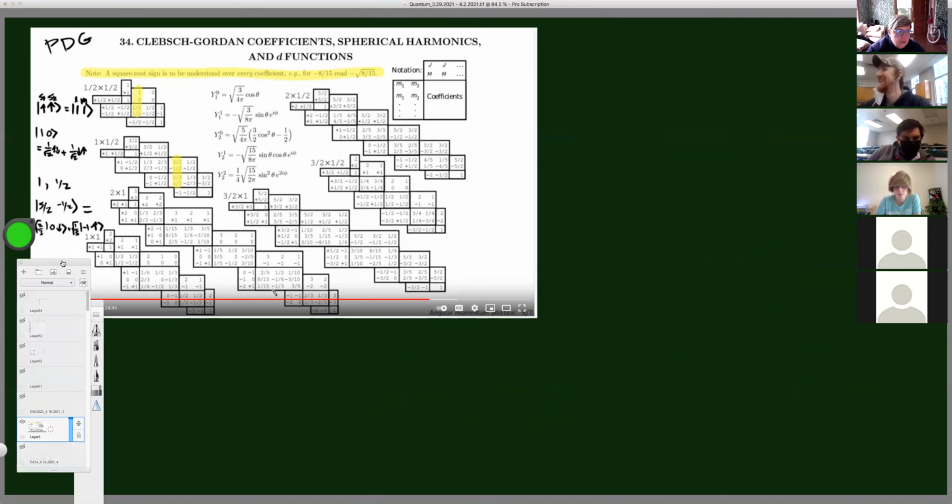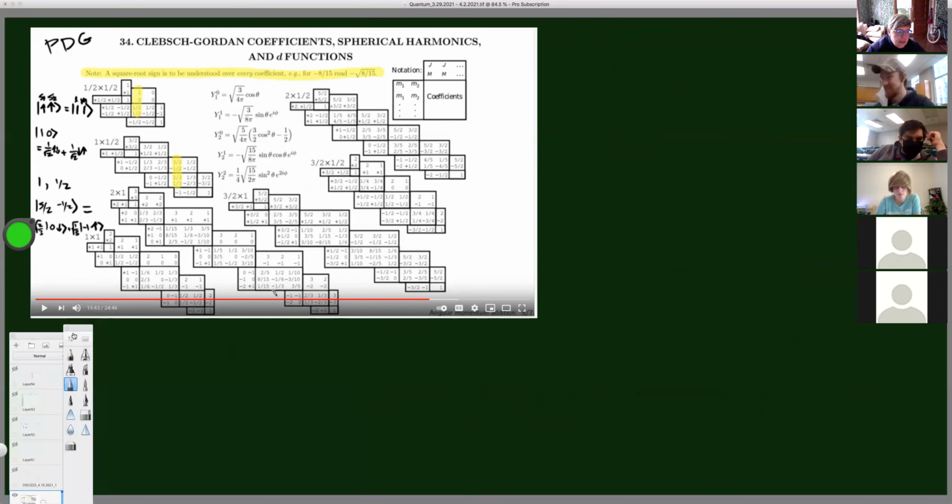Okay. All right, so let's take a look at the singlet state and the triplet state that we know already, and just verify that we understand how to use this thing. Now in your book, if you care to look at it at the same time, it looks the same, except it doesn't have this nice little explanation up here, which I like.